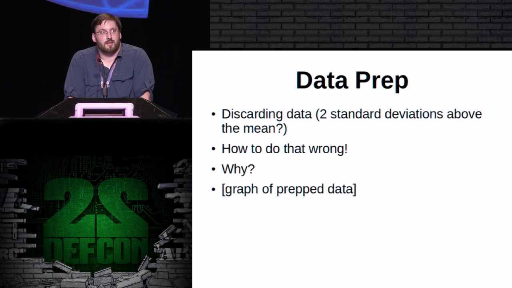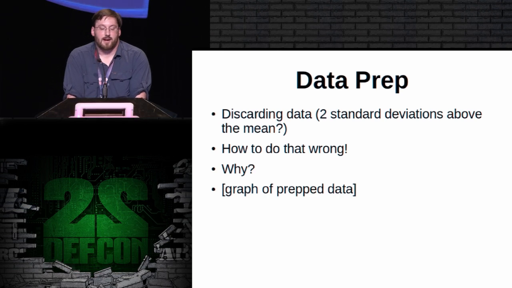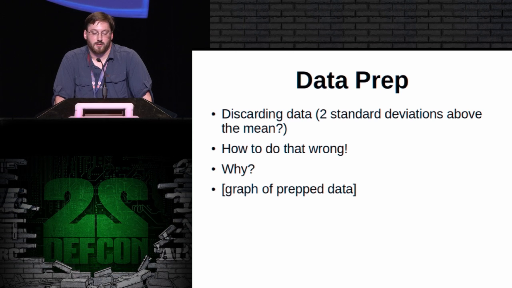There are a lot of ways to screw up prepping your data. You have time series data, but the KS test doesn't care about the time series. It's just sorting your data and dealing with it.